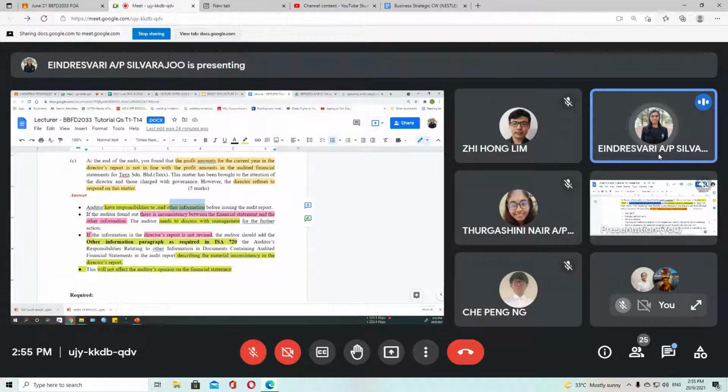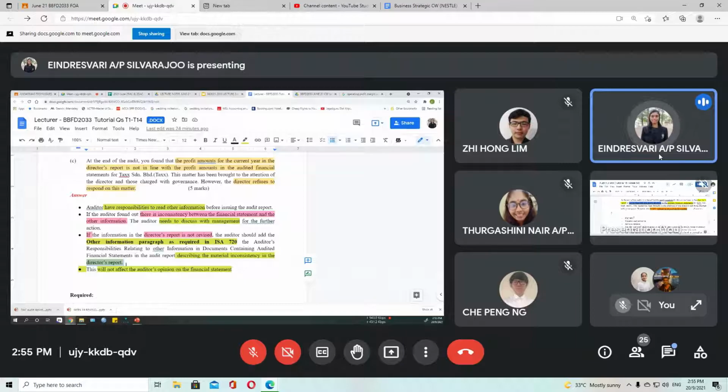If there is inconsistency between the financial statement figures and other information, the auditor needs to discuss with the management. If the director's report is not revised, then the auditor will add a sentence in the other information section in the director's report.